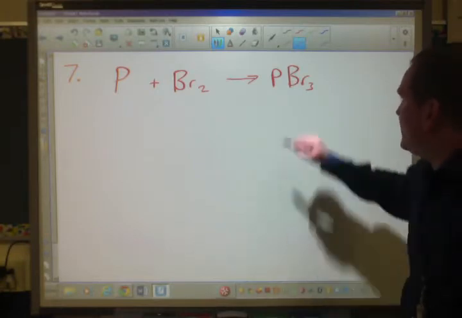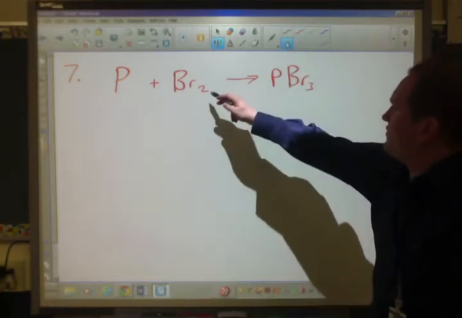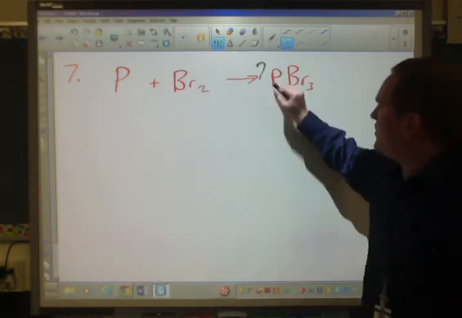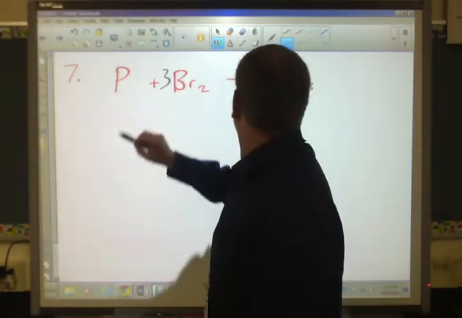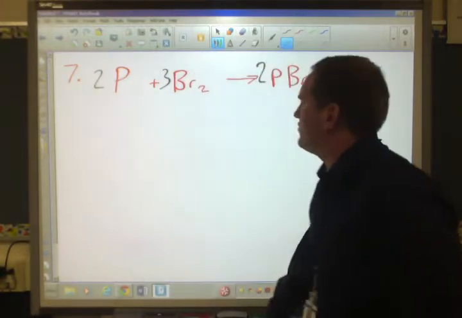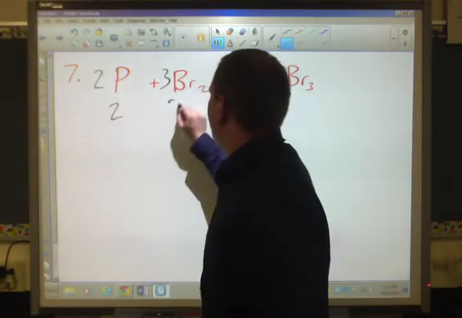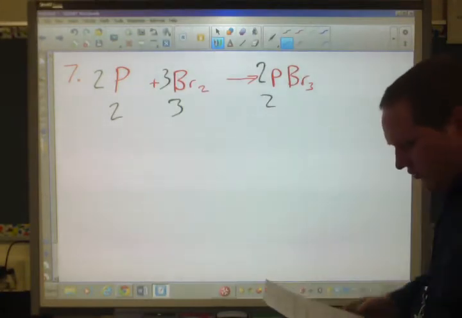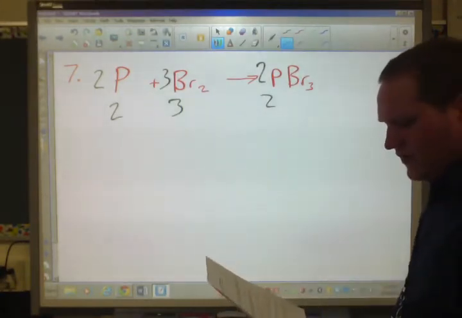So first we balance this. Since I have 2 bromines and 3, I know I need to double this to get an even number. 2, 3, 2. So my mole ratio, I'm just going to write it again: 2, 3, 2. And I'm going to need to convert my numbers into moles.